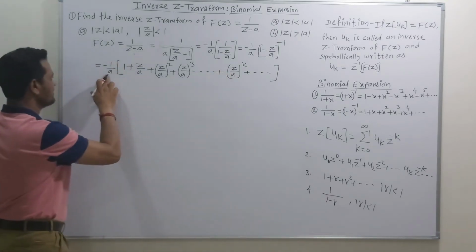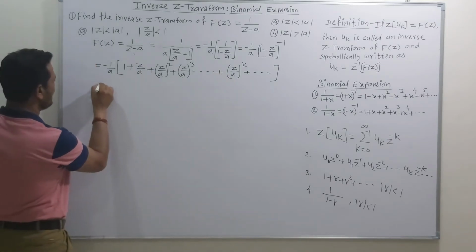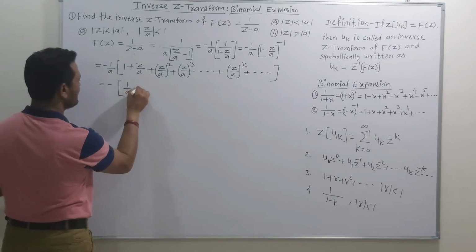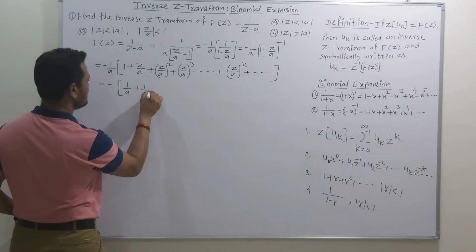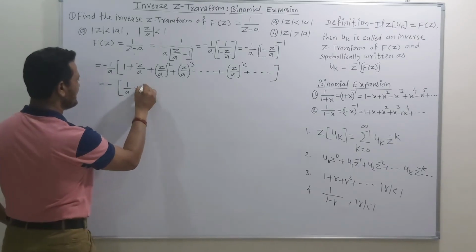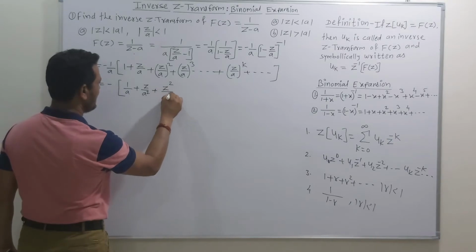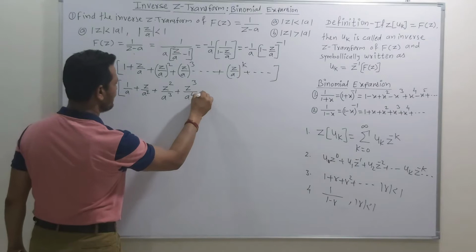But here this minus 1 upon a is multiplied to this bracket, so multiply it to the inner side so that we get minus, then 1 upon a plus 1 upon a squared, then in the numerator we can write z, plus z squared upon a cubed, plus z cubed upon a raised to 4.